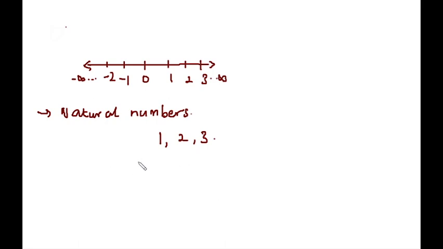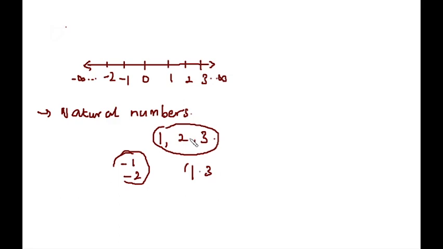But numbers like -1, -2 are not natural numbers. And if you have something like 1.3, this is not a natural number. The number would have to be whole and positive to be a natural number.